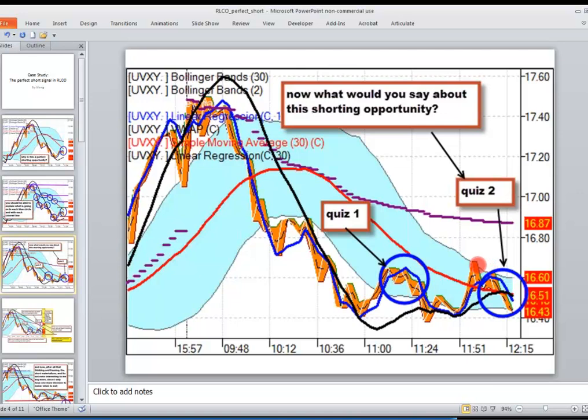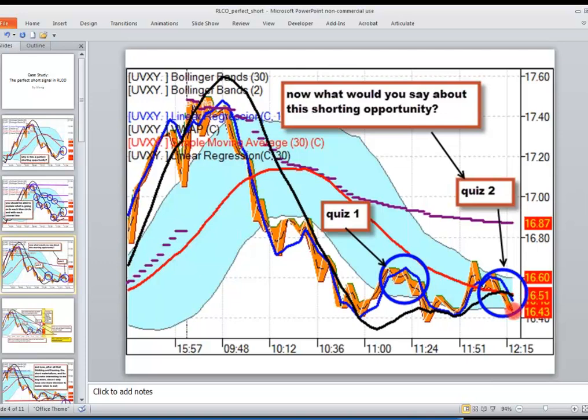But even when it fails to leave the river and rolls over again, now what I want you to notice in this area is an additional shorting opportunity. Now what you have is the river has gotten very narrow. Price has failed once and then twice and then 3 times to leave the river, and now everything has crossed the Bollinger Band mean once more.